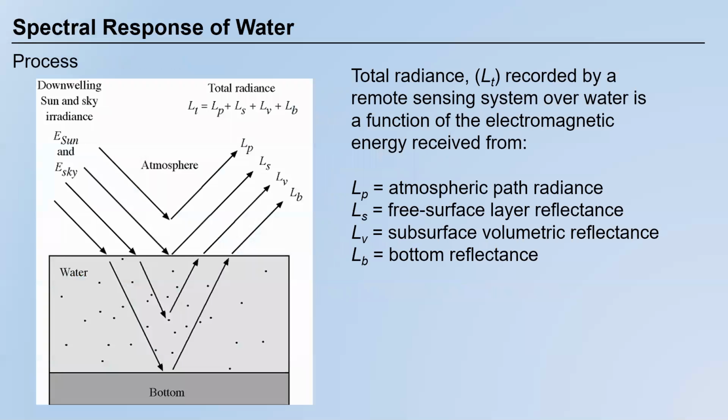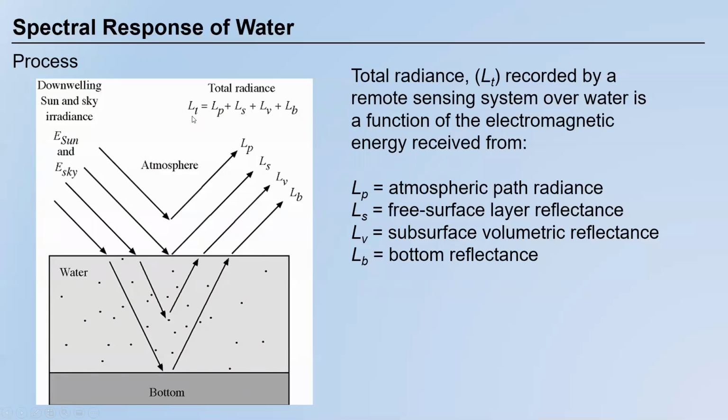So in the process of water remote sensing, the core is the transmittance of EMR above and inside the water. Okay, so here is a figure showing you that one of the most important parts about this figure is this equation.